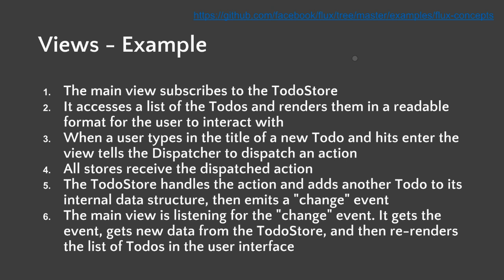So, for example, the user creates this to-do and clicks on the save button, then the view is responsible for dispatching this action. The dispatcher dispatches this action and all stores receive it. The to-do store handles the action and adds another to-do to its internal data structure.